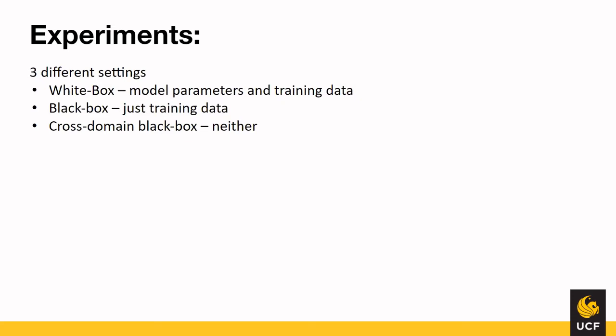So that's known as a black box setting. And the most difficult scenario is the cross-domain black box scenario, where we have access to neither the model parameters nor the training data. So in this case, we have to train our generator both on different images than are used during evaluation, and also using different discriminators themselves.